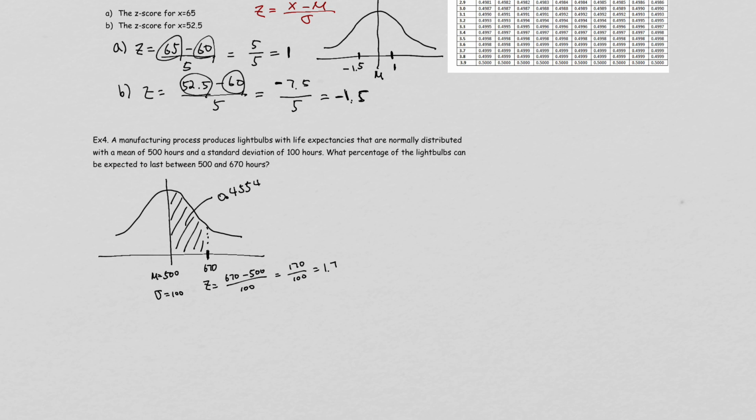In other words, that's the probability of the area. So the percentage will be 45.54% of the light bulbs expected to last between 500 and 670 hours.